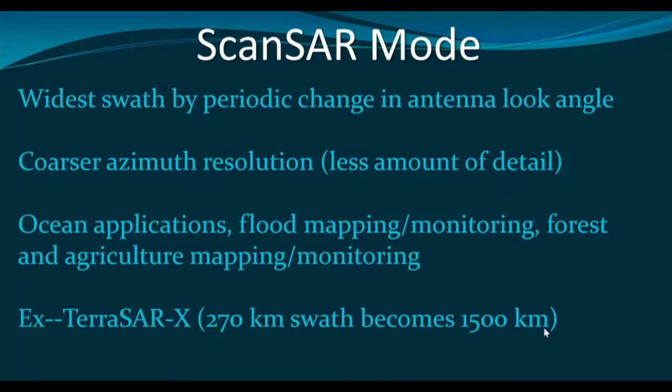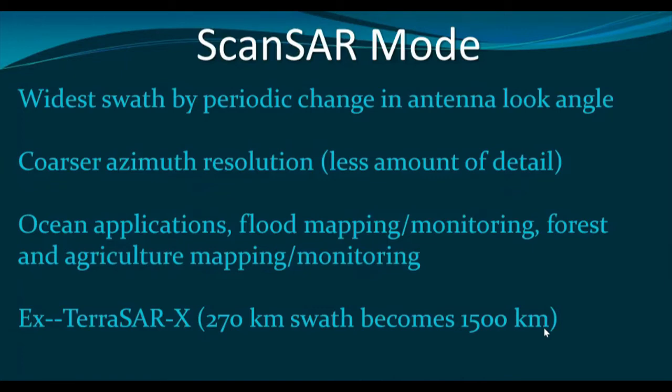First is the ScanSAR mode. In ScanSAR mode, the sensor is tilted continuously, and different locations within the swath are focused, and by tilting the sensor, we can obtain an extremely wider swath.